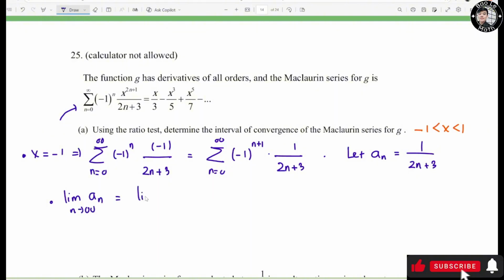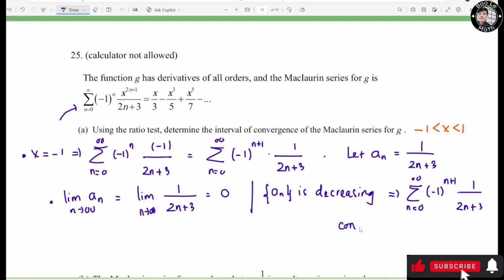The limit of 1 over 2n plus 3 is actually 0. The sequence a sub n is decreasing because when n gets bigger, a sub n gets smaller. So from these two conditions, we can conclude that the series converges by the alternating series test.